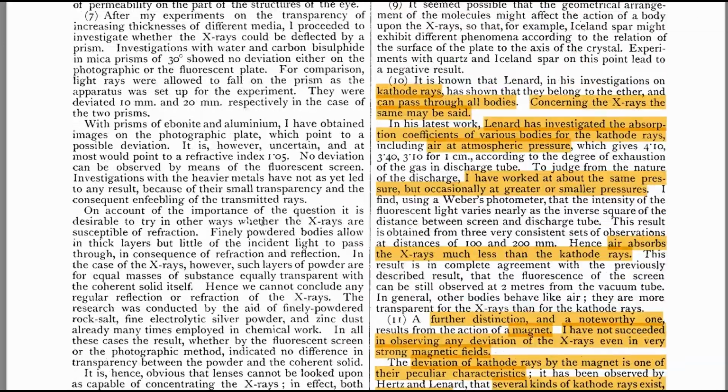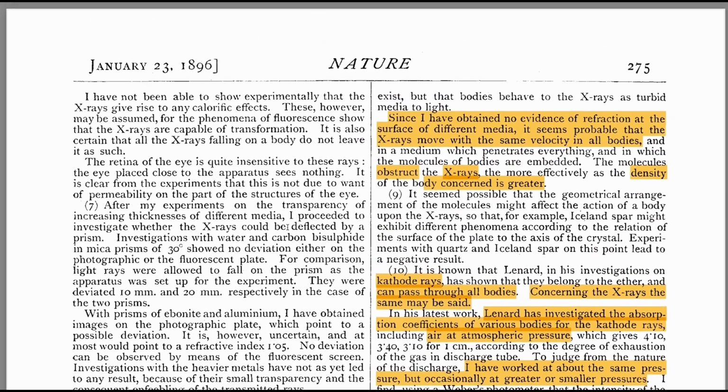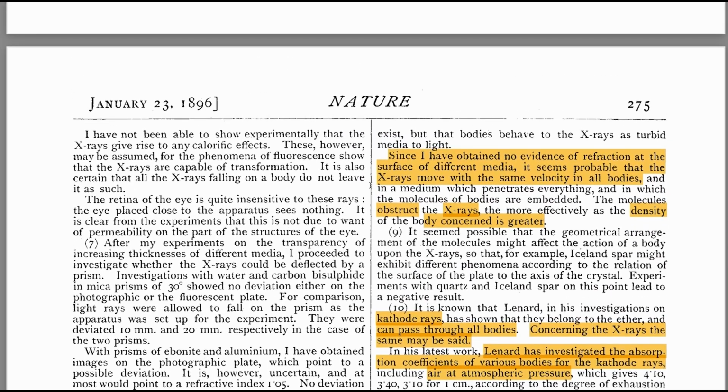He concluded that because he didn't obtain any evidence of refraction at the surface of different media, it seems probable that the X-rays move with the same velocity in all material bodies, and that the molecules obstruct the X-rays more effectively as the density of the body concerned is greater, which is also connected to the part 1 video.